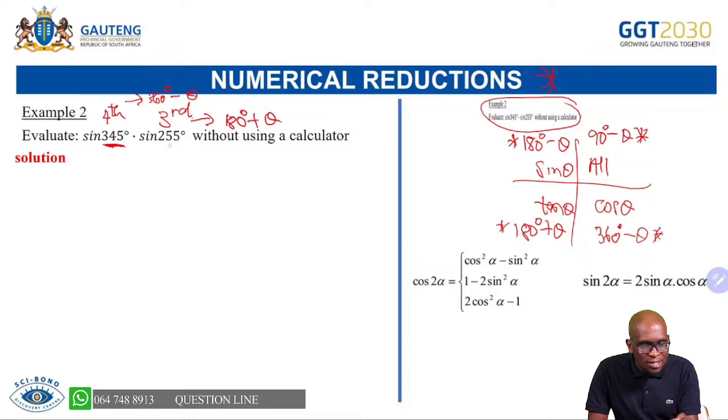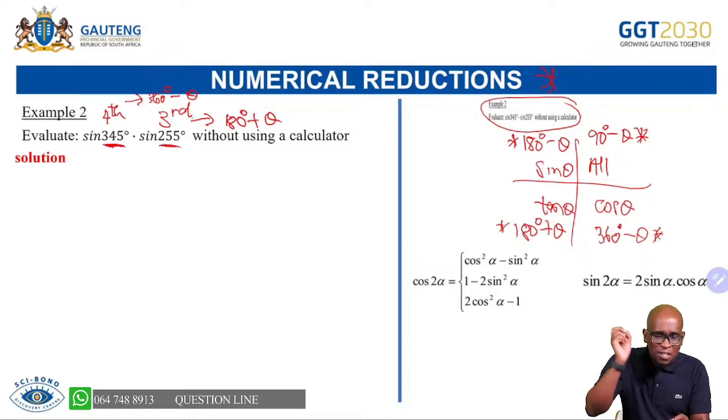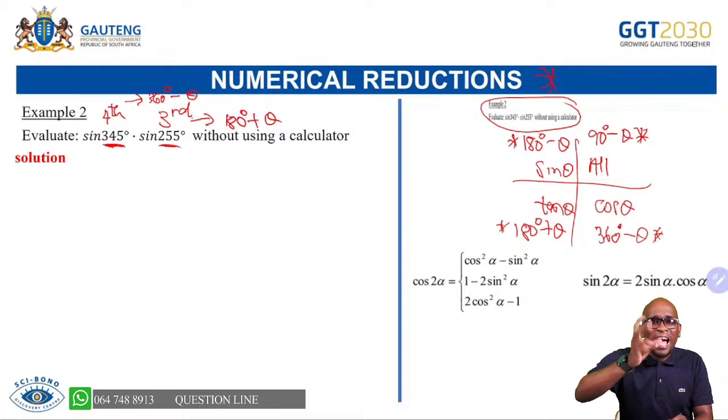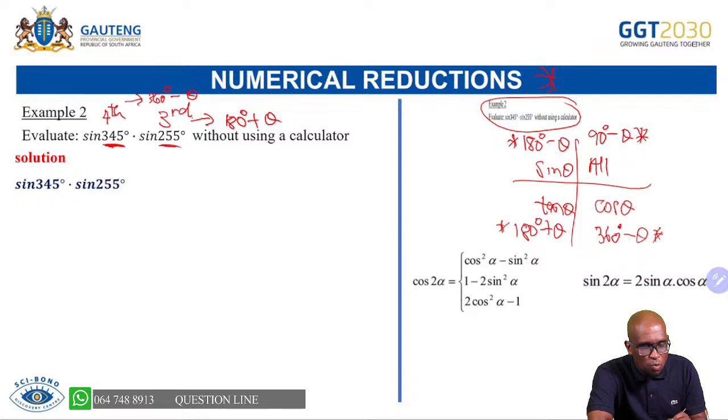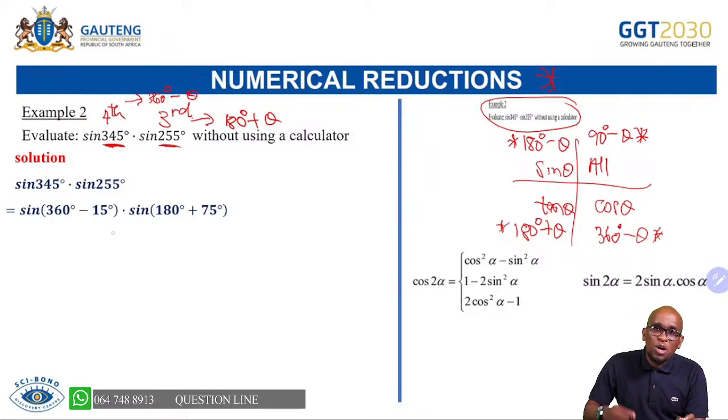So we'll express this as the sum of the angles, or the difference of the angles, where the reduction instruction is utilized. So if you check the first step here, since it's in the fourth quadrant, we're going to find an angle that we can subtract from 360 to take us back to 345, and that angle is 15 degrees.